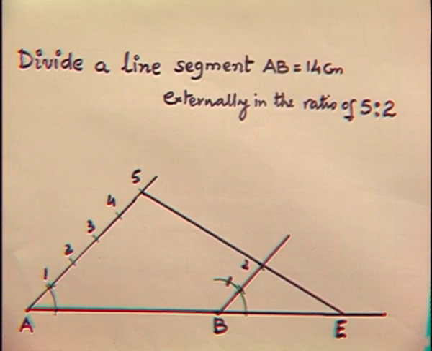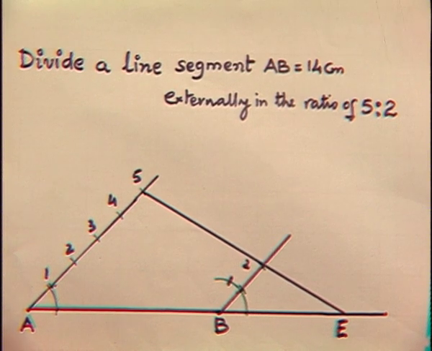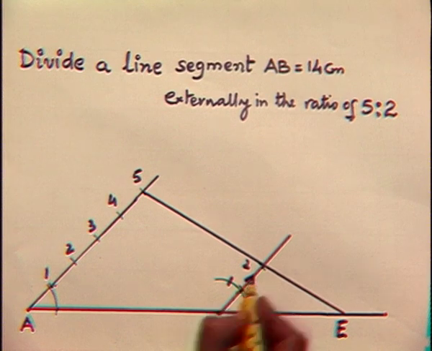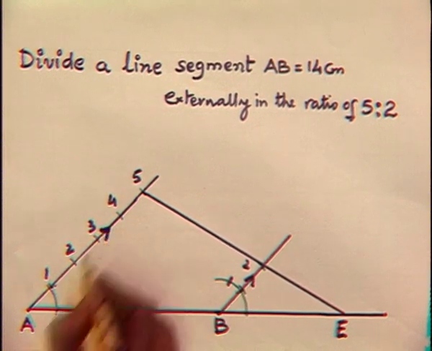Let us use the BPT to say whether it is actually 5:2 or not. Here now this line is parallel to this line.